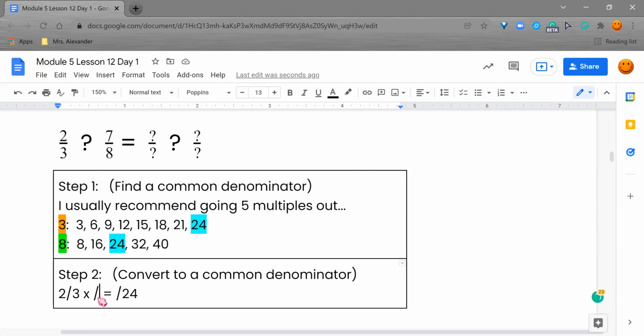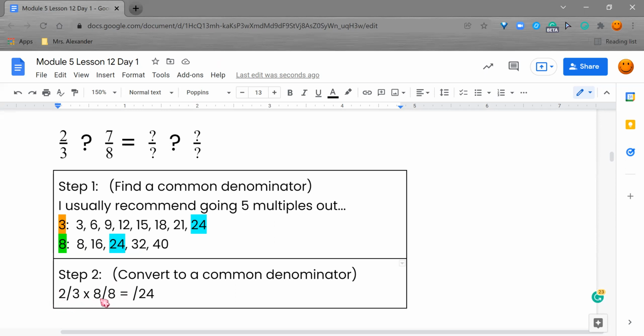I'm going to multiply some number to get 24. So 3 times what number is 24? If you don't know, let's count. 1, 2, 3, 4, 5, 6, 7, 8. So I'm going to put an 8 there. Now, please remember what I do to the bottom, I got to do the top, because this number right here needs to be 1. We're looking for an equivalent fraction, but it's an equivalent fraction with the denominator 24.